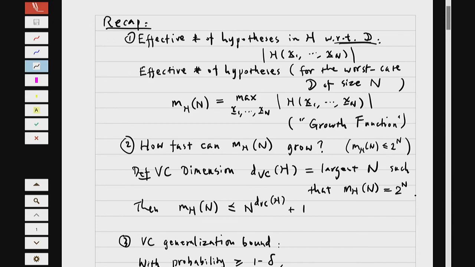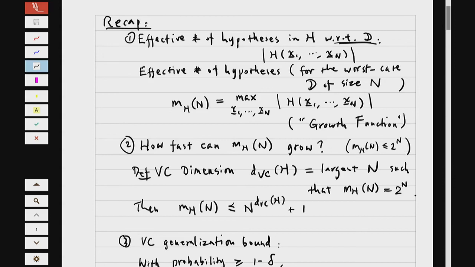First of all, we have this effective number of hypotheses given the data set D that we have for training. We define it as how many possible binary vectors this hypothesis set can generate, represented by H with the set of data points as input. Because we use -1 and 1, this binary vector is also called a dichotomy vector.